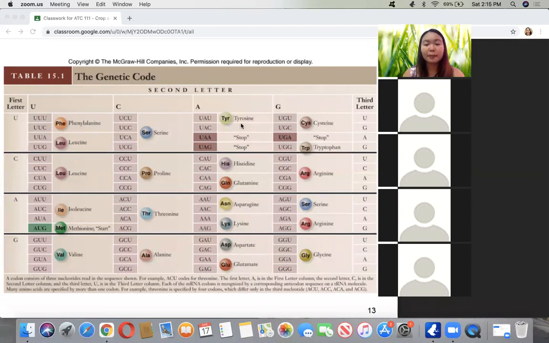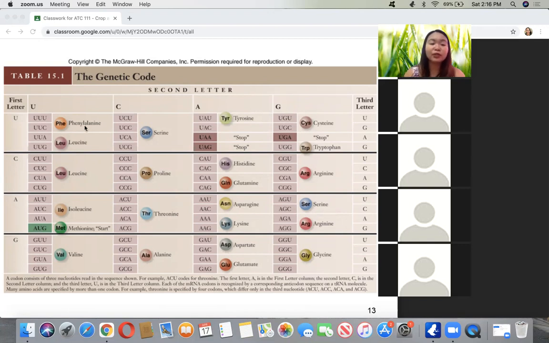So when you pair that, you will know that UUU is the genetic code of the amino acid phenylalanine. So phenylalanine, leucine, isoleucine, and methionine, valine, alanine, and so on are all 63 possible genetic codes. I mean, amino acids.